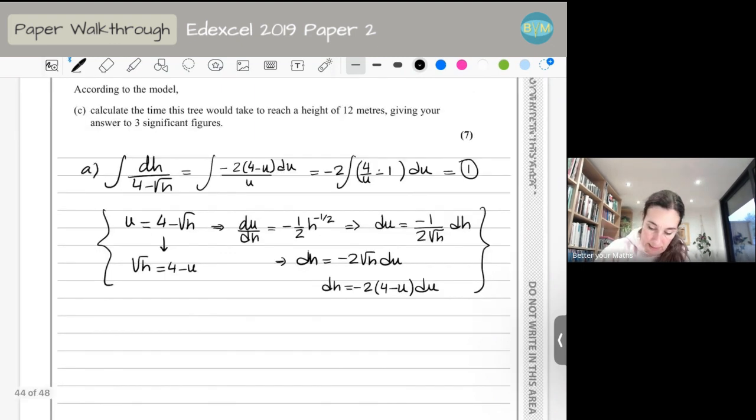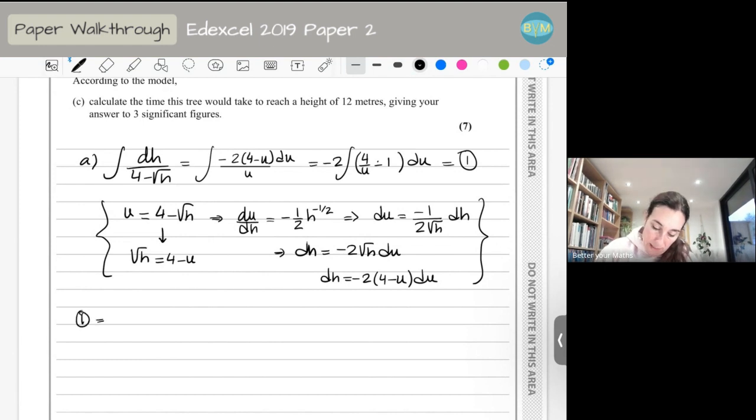Equal, minus 2, 4 divided by u is 4 ln u. I ignore the 4, I put it at the front, and 1 over u is ln u. And then minus 1 is minus u. If I haven't made mistakes with the signs.